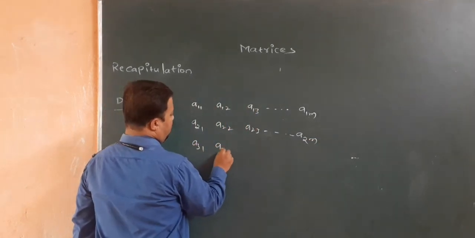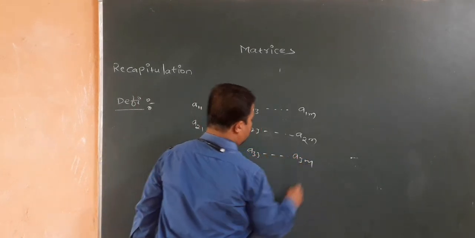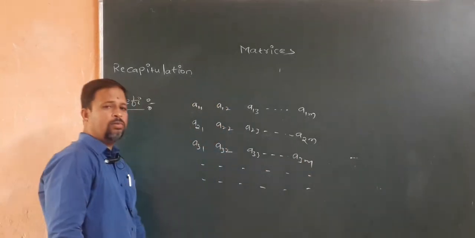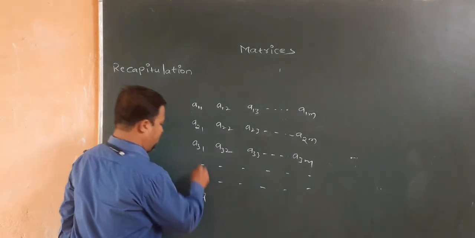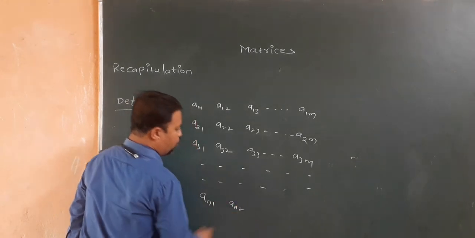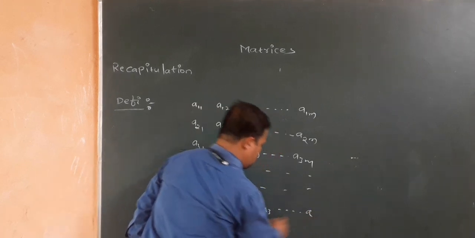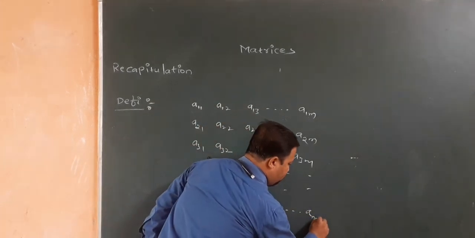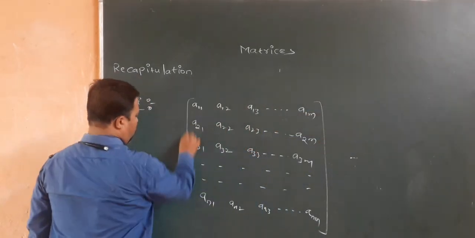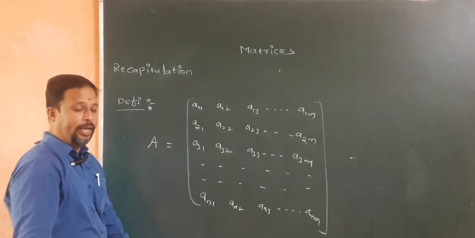A31, A32, A33, up to A3m. Similarly, finally, AN1, AN2, AN3, up to ANm, which is the nth row and mth column. This is the general way of representing a matrix.